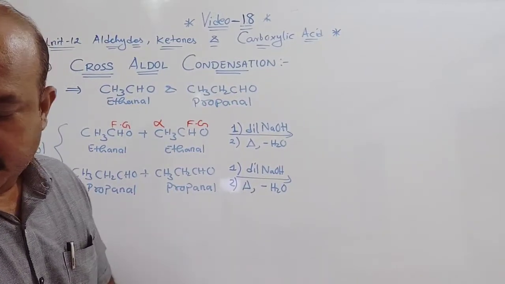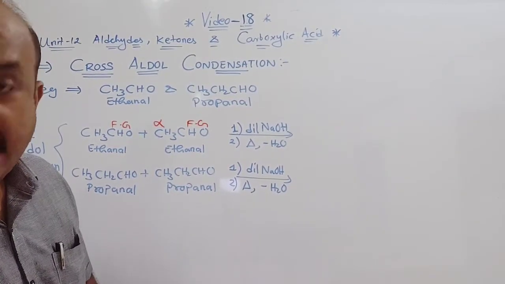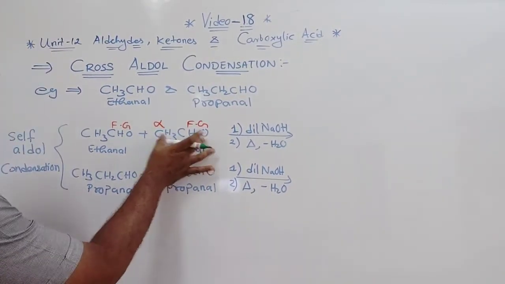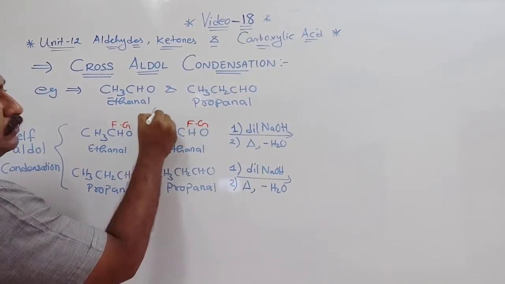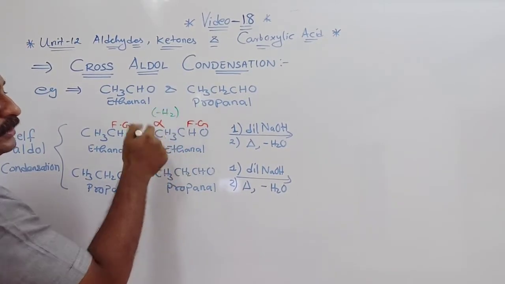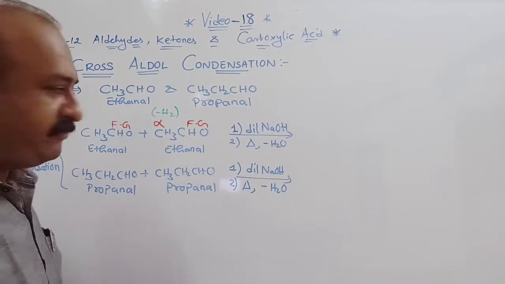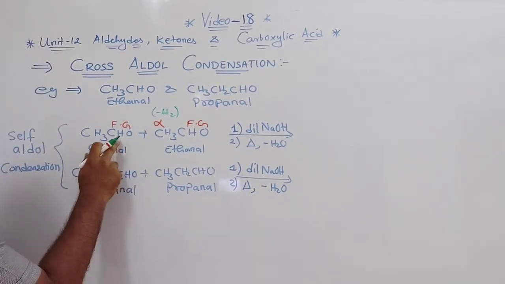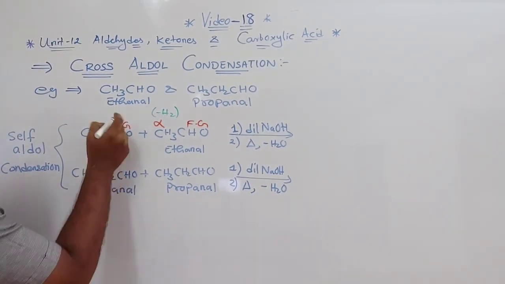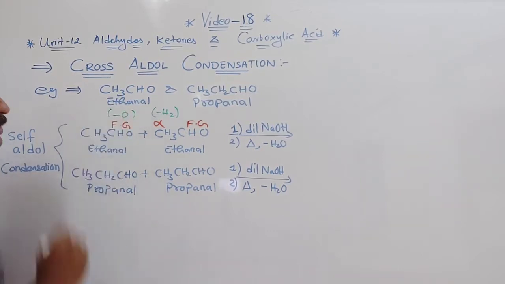Take any one as alpha, and from the alpha carbon you have to remove two hydrogens. From the first molecule, I will remove the oxygen from here.